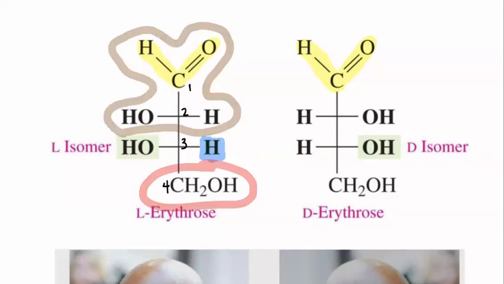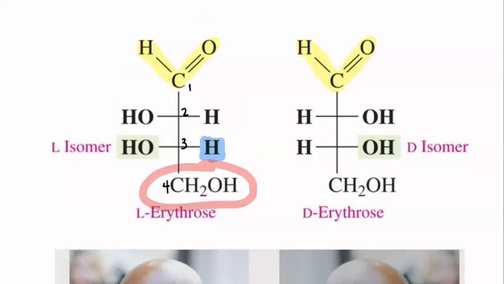So those are the 4 groups around carbon 3. Carbon 4 is not chiral because it has 2 hydrogens. And carbon 1 is not chiral because it only has 3 groups. In order for you to be a chiral carbon, you need to be tetrahedral. Okay? Put a 1 in the chat if it makes sense why 2 and 3 are the only chiral carbons in erythrose.